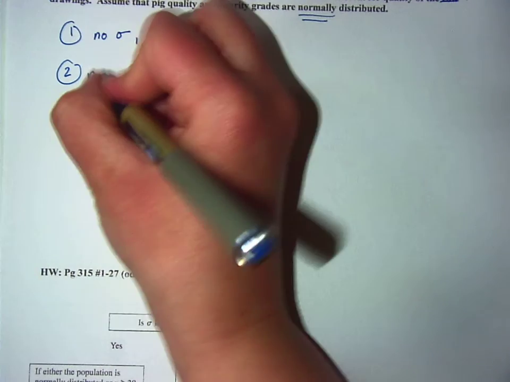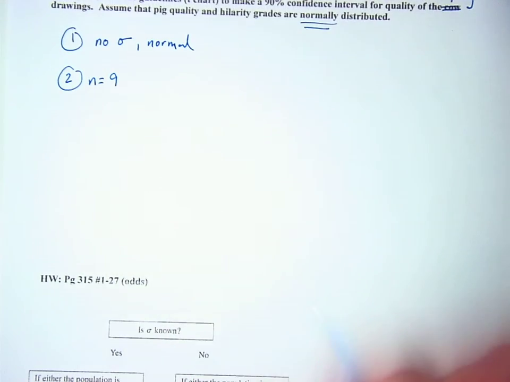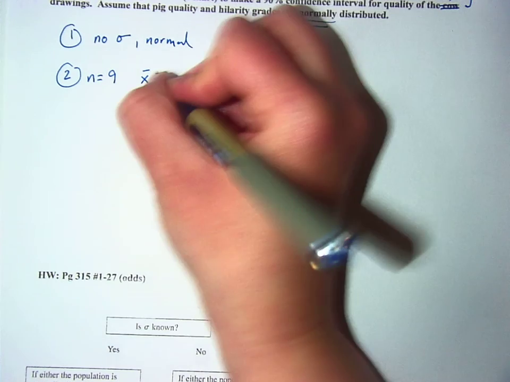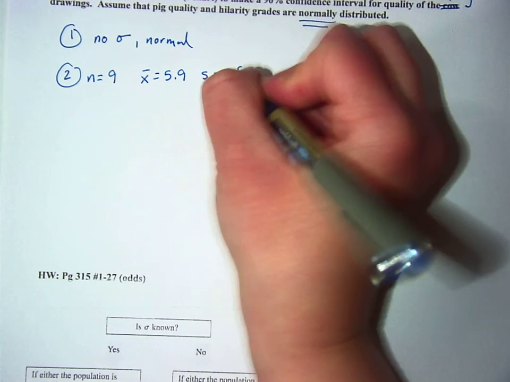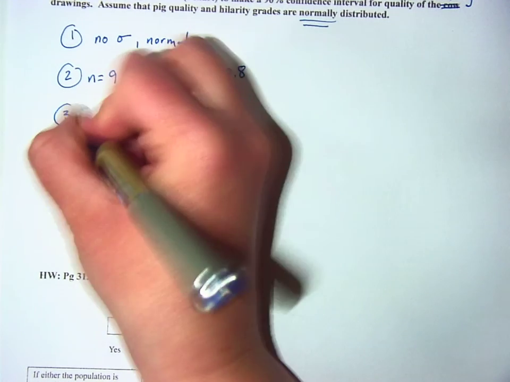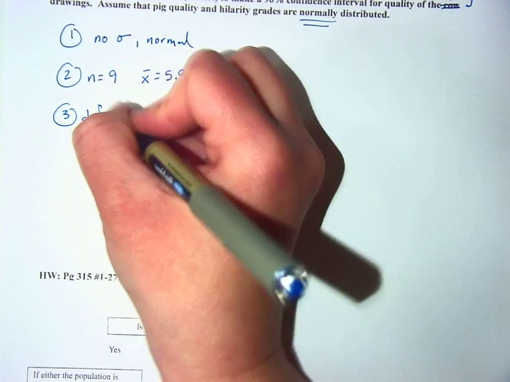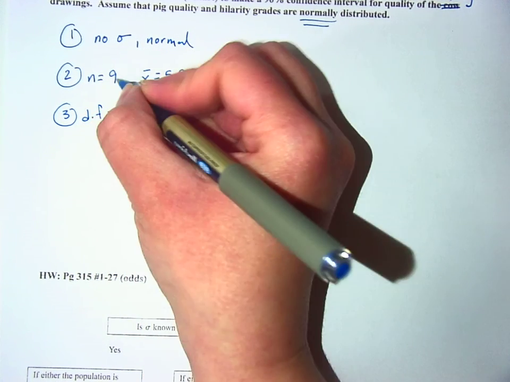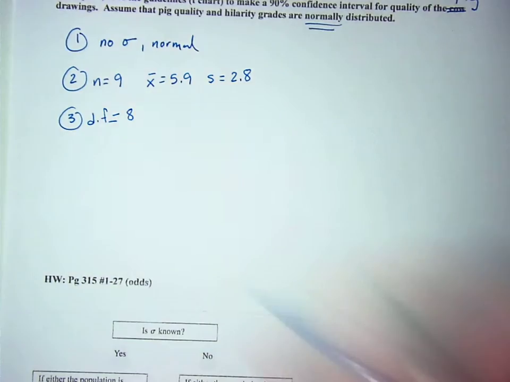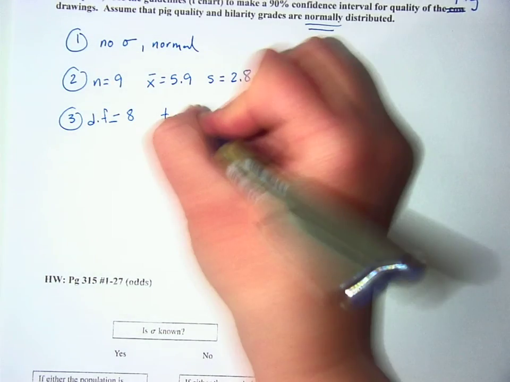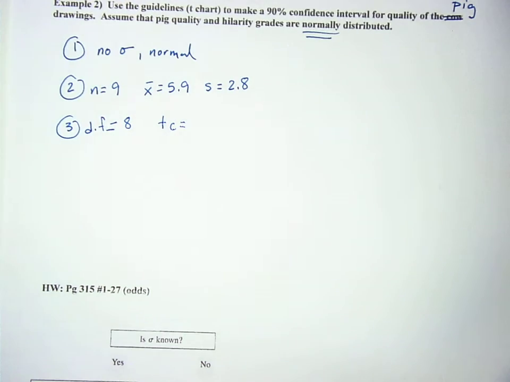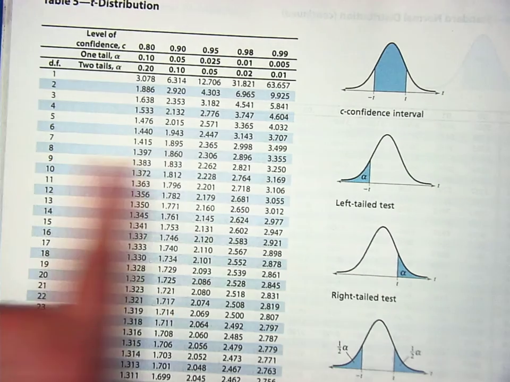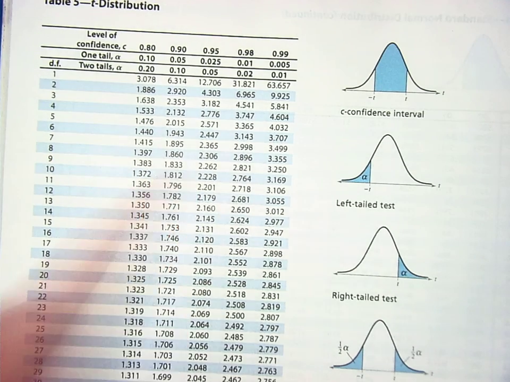All right, step 2. Our n is 9 because there are 9 people that I made up data for. Our x bar was 5.9, from that first page, and s is 2.8. Number 3, the degree of freedom is 8, because 9 minus 1 is 8. And T sub C, if you look it up in your book, for a 90% confidence interval with 8 is 1.86.